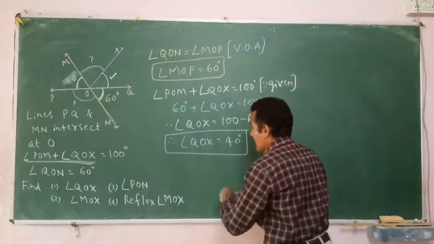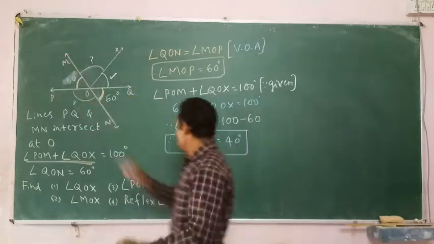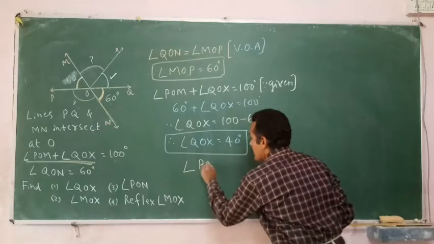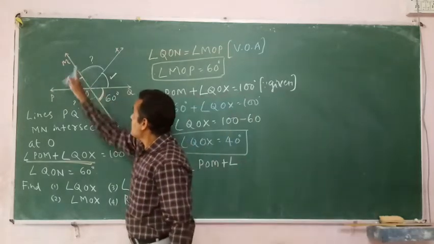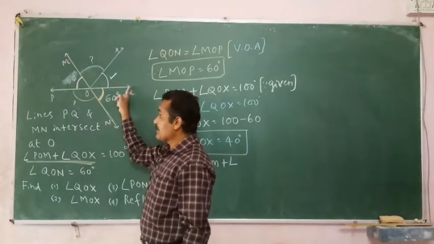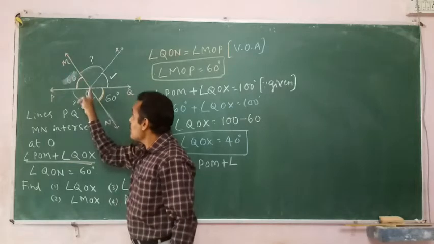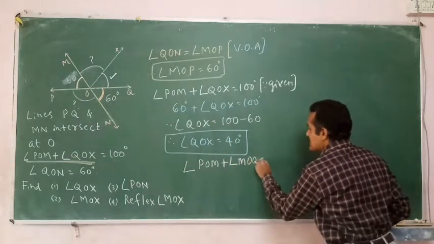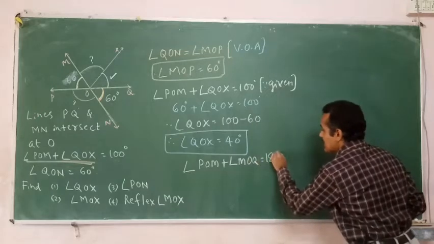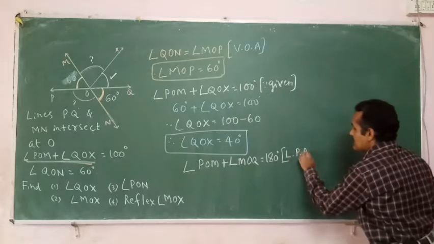See, angle POM plus angle MOQ. Listen properly. POM plus MOQ is equals to 180 degree. This is because of linear pair axiom.